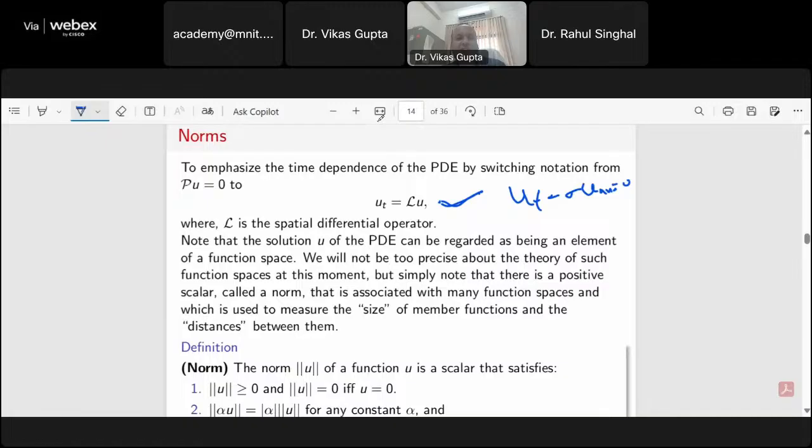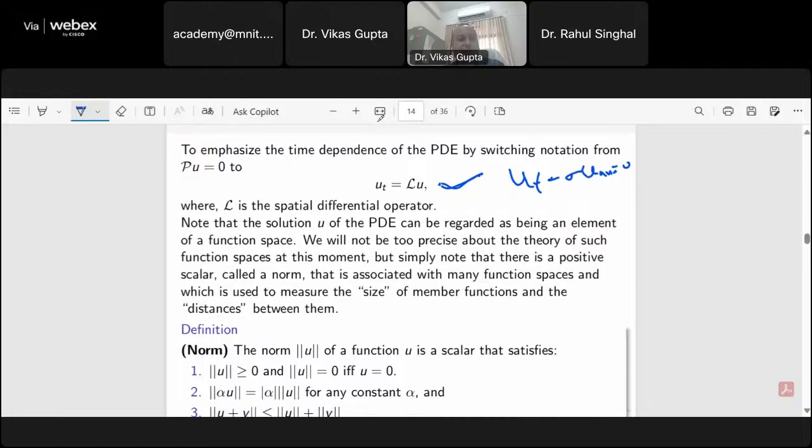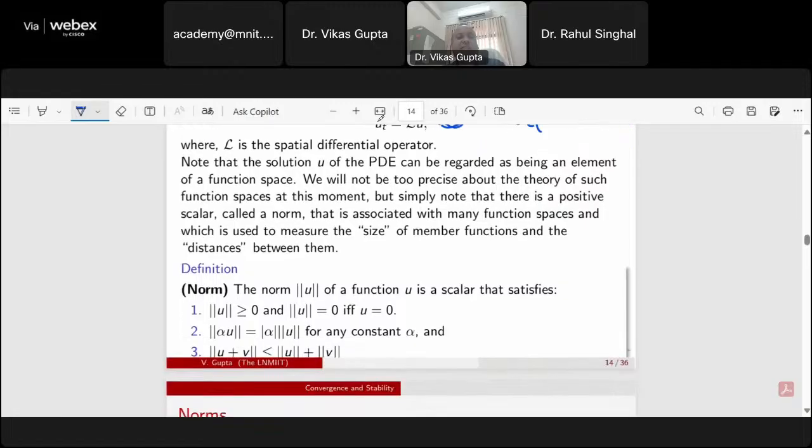That scalar is used to measure the size of the member functions of the function space, and distances between two functions in the function space. And I believe all of you are well aware of this definition of norm.